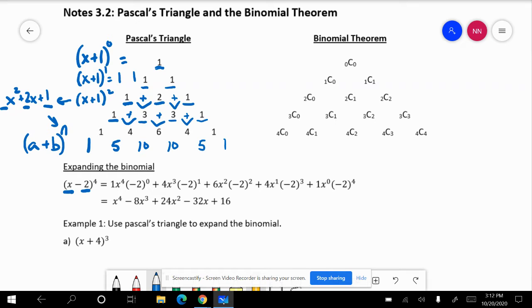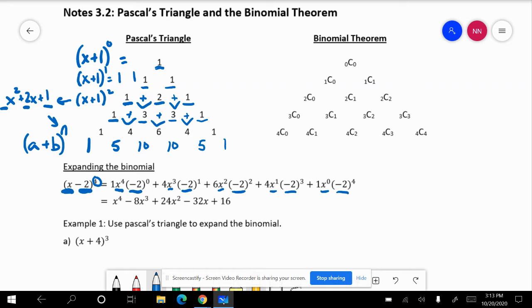So for our example problem, our n value is 4, so it's degree 4. Now, with the first term, our a value, we go in descending order, x to the 4th, x to the 3rd, x to the 2nd, x to the 1, x to the 0. In our b value, we go in ascending order, negative 2 to the 0, negative 2 to the 1, negative 2 to the 2, negative 2 to the 3, and negative 2 to the 4.